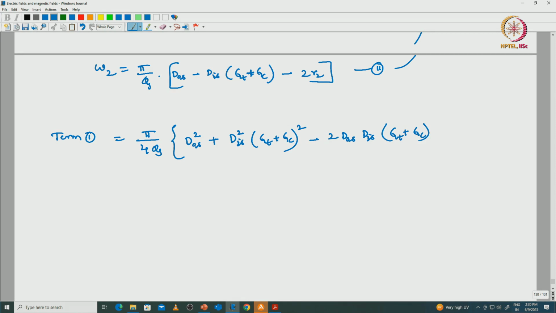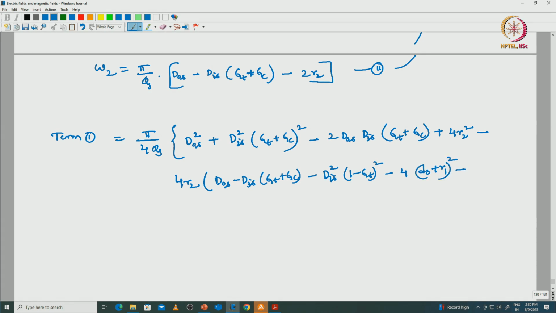Here gt and gc are the constants, plus 4 r2 square minus 4 r2 into d naught S minus dis into gt plus gc, minus dis square into 1 minus gt square, minus 4 into d naught plus r1 square, minus 4 capital dis into 1 minus gt into d naught plus r1.